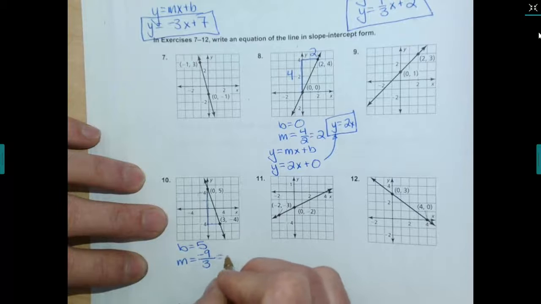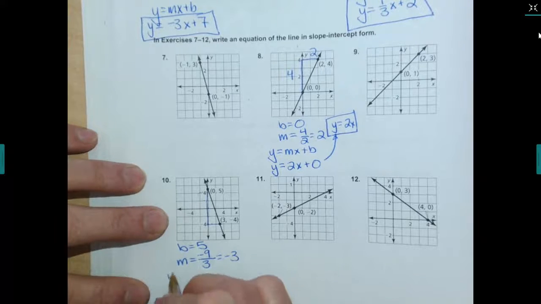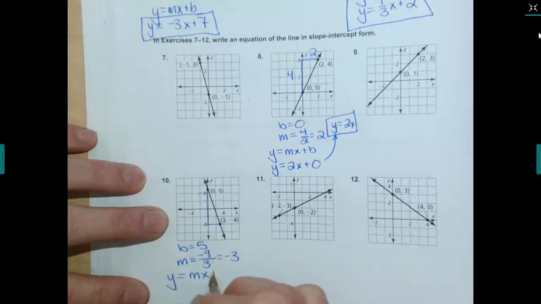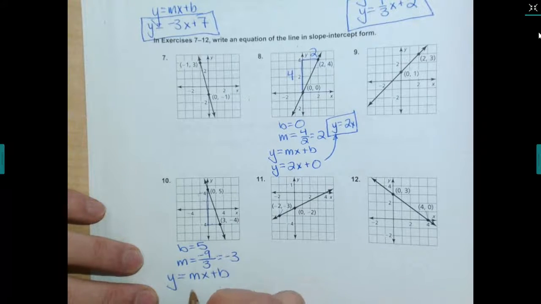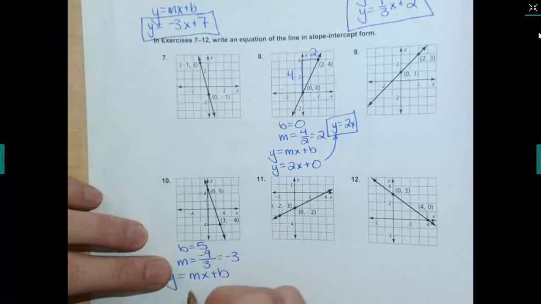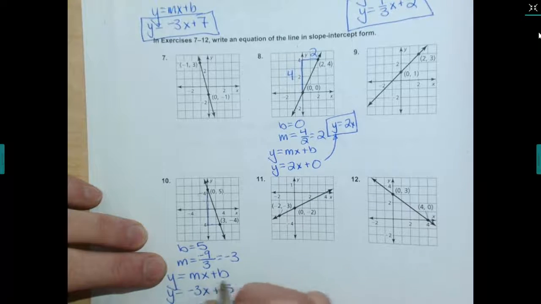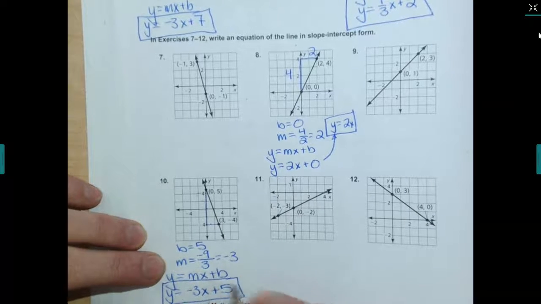Negative 9 over 3 is negative 3. y equals mx plus b. My m value is negative 3. So y equals negative 3x plus 5.